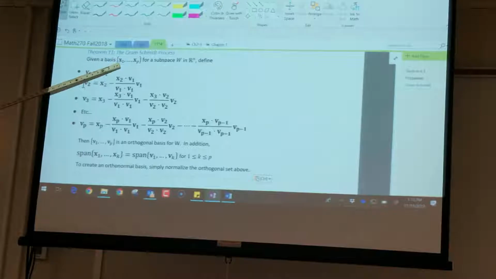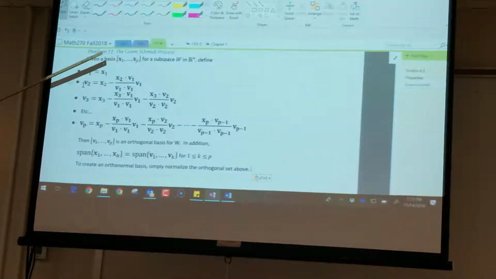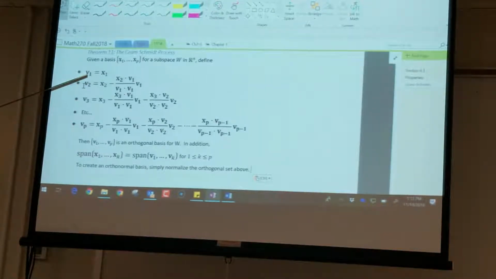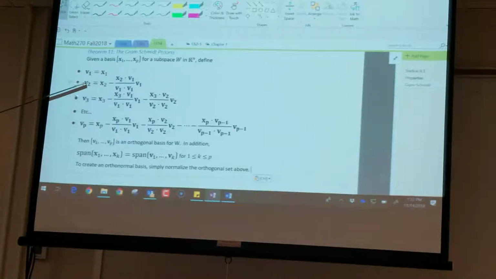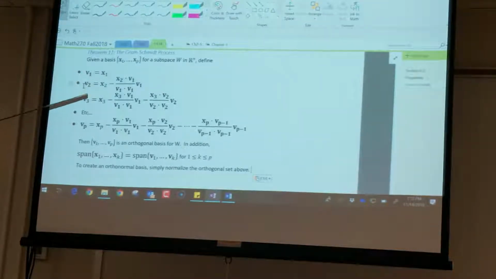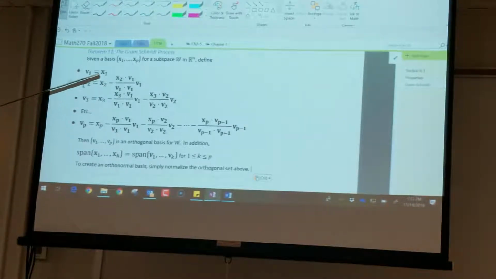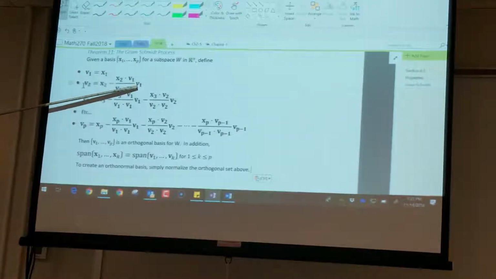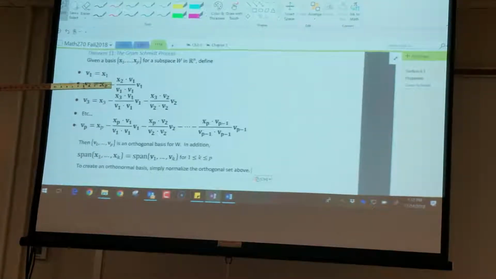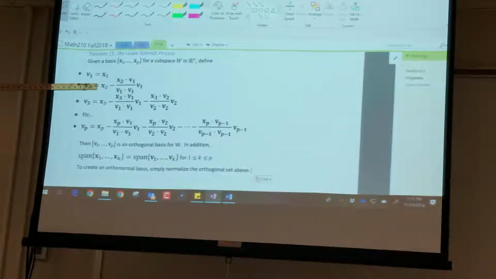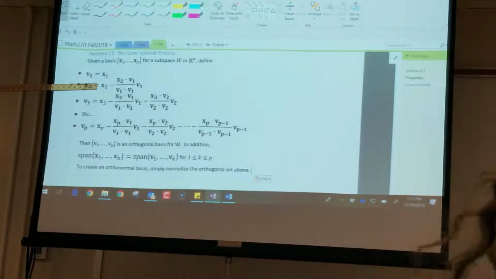If you have a given basis in the subspace W of Rn, this is your original set of vectors, x1, x2, x3, x4, whatever. You start off with one vector, and we'll just use that same vector, v1. Now, if I project x2 onto v1, this fraction with a v1 is the projection, and when you subtract it, it becomes that z vector that's perpendicular.